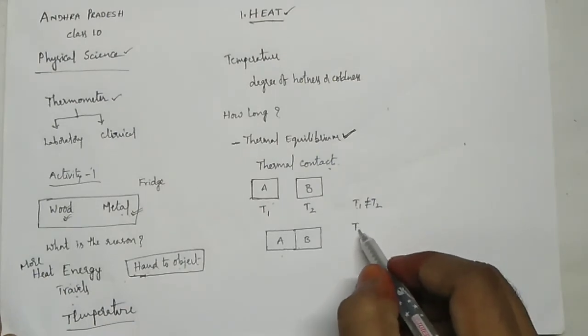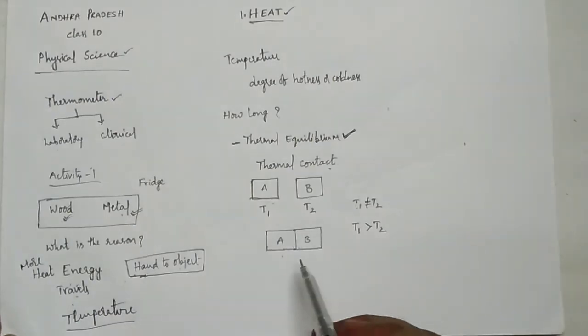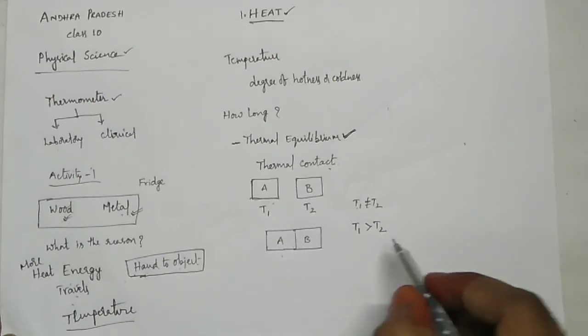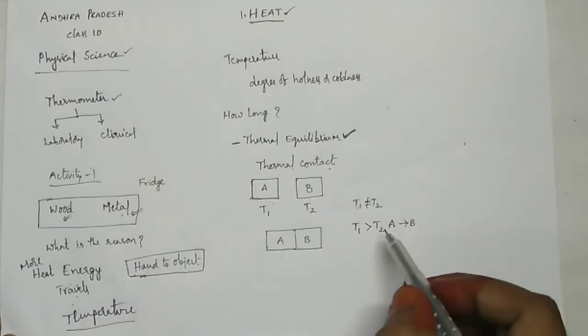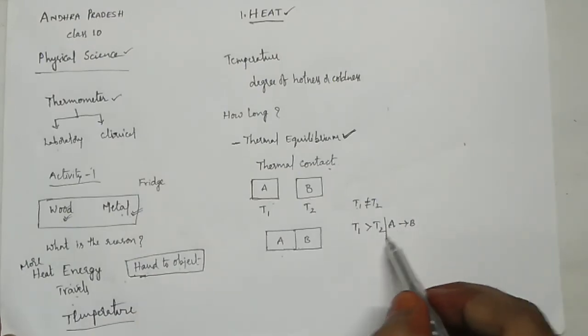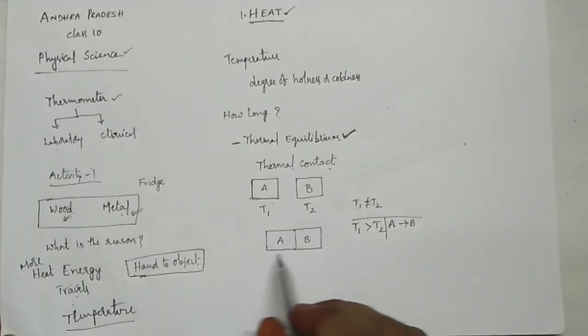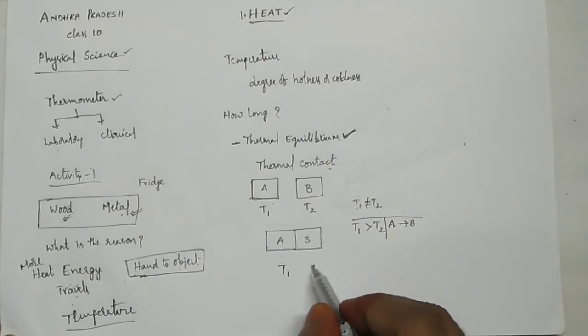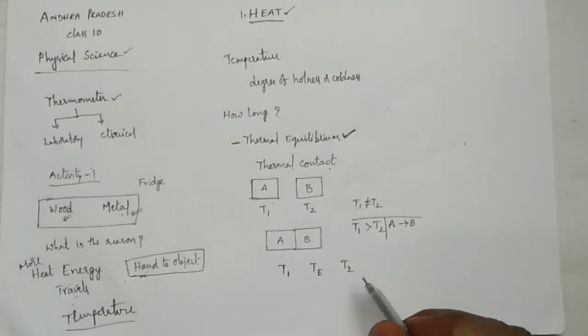If T1 is greater than T2, then heat energy will travel from A to B. In the opposite case, heat energy travels from B to A. So how long will they exchange heat energy? Until they come to a common temperature in between them. That temperature is called the equilibrium temperature.